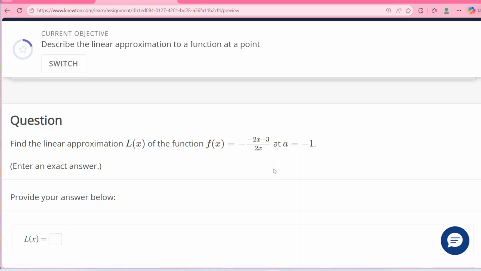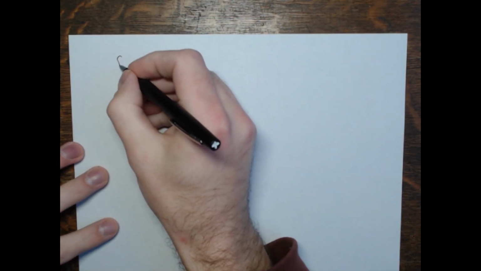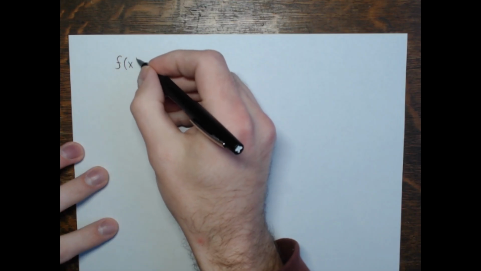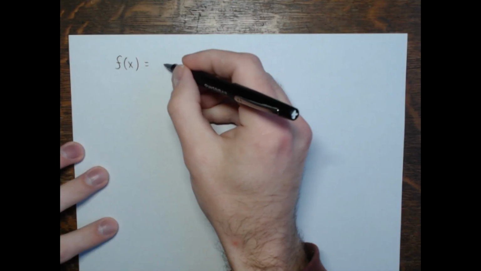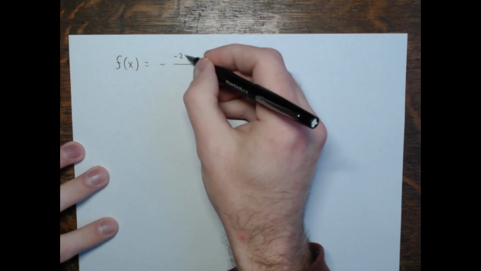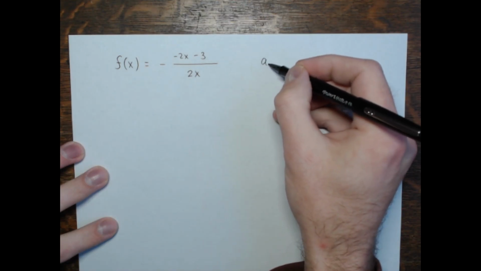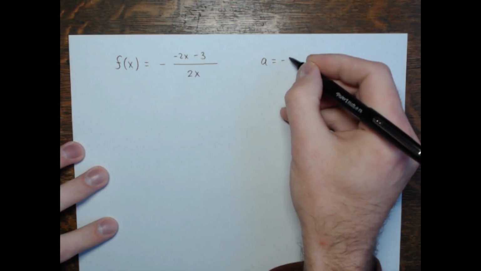All right, so then we're back to writing the equation of the tangent line at a given point. We are given a function here that I'm definitely going to rewrite in a better way for finding the derivative. So this function we're given is the opposite of, and then the numerator has negative 2x minus 3, the denominator has 2x, and the value we want the tangent line at is negative 1.